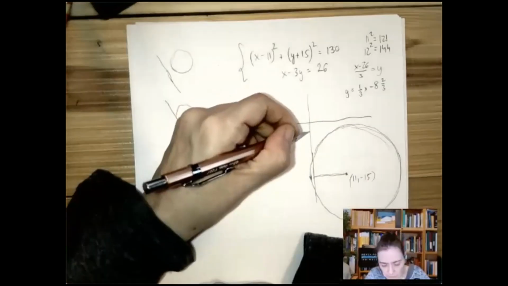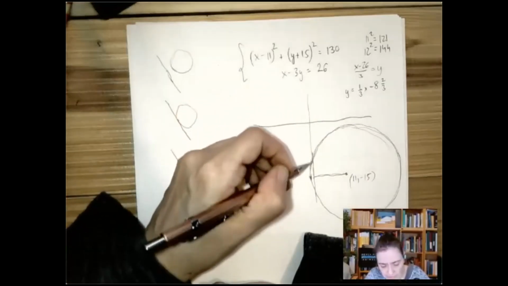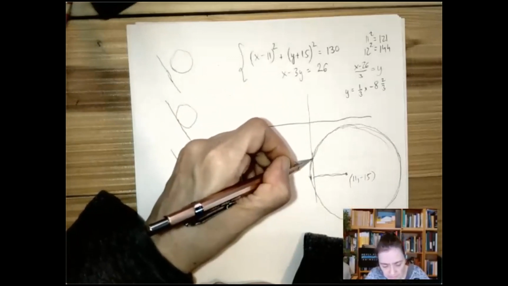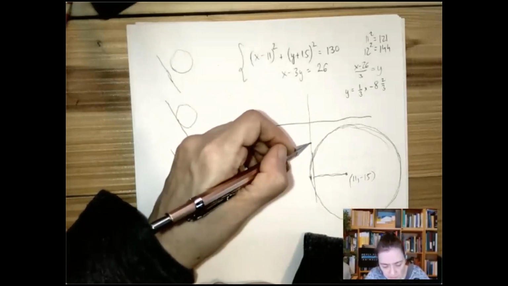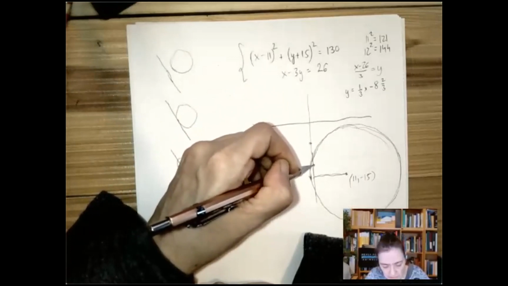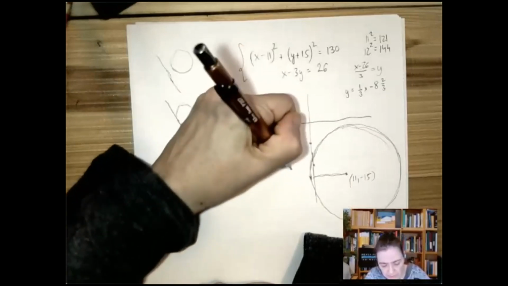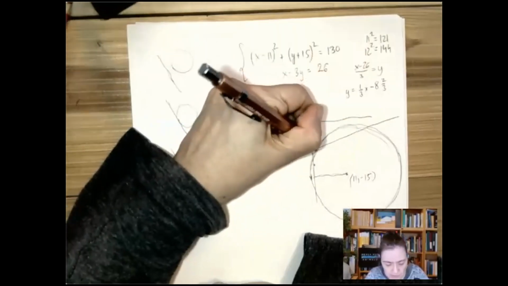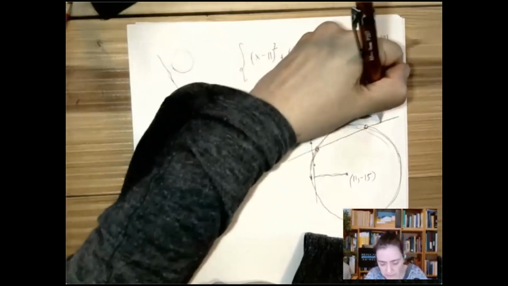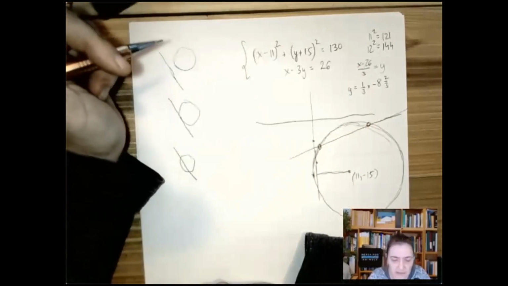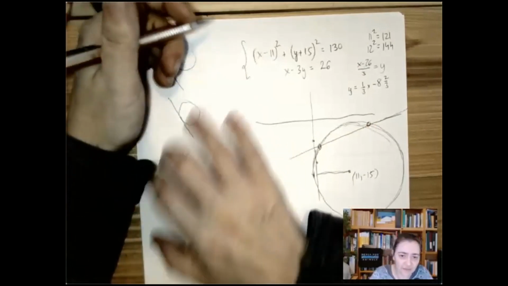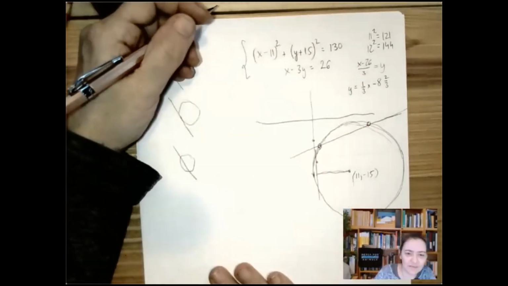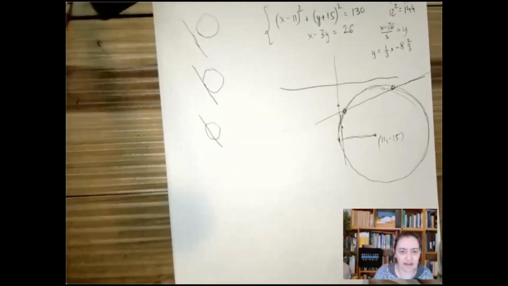Okay, so I'm not exactly sure where this circle hits the y-axis, so I'm not exactly sure if the y-intercept is here or here. But it doesn't matter. What matters is that probably there are going to be 2 intersection points, something like that, because it's close enough either way. But if we get something like negative 20 for the x coordinate of the intersection point, then something went wrong. Okay, so again, this is not mandatory, but highly recommended.